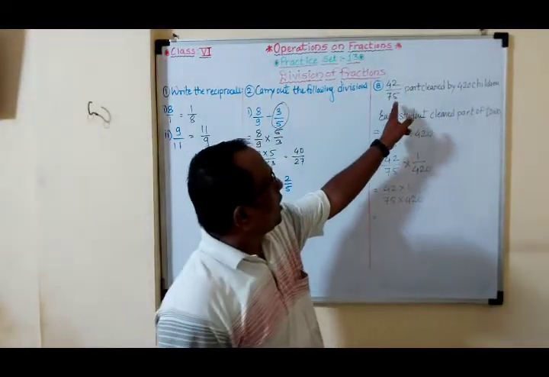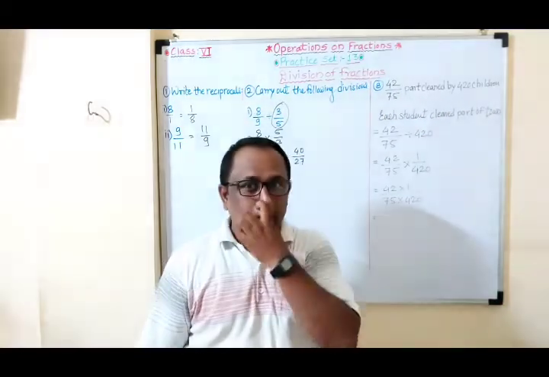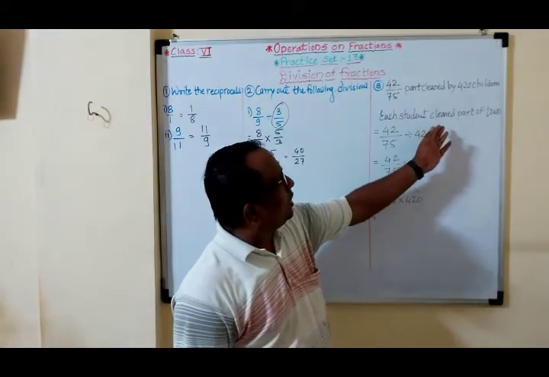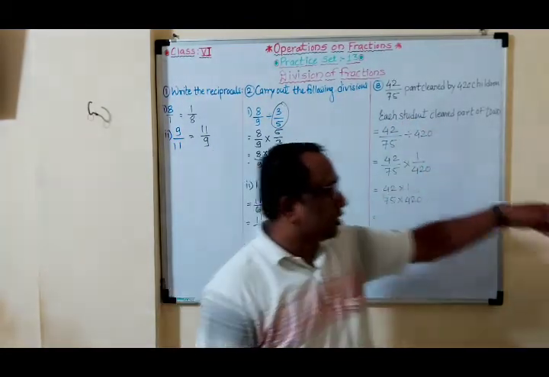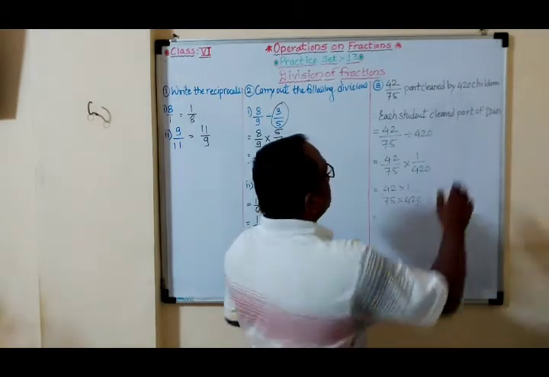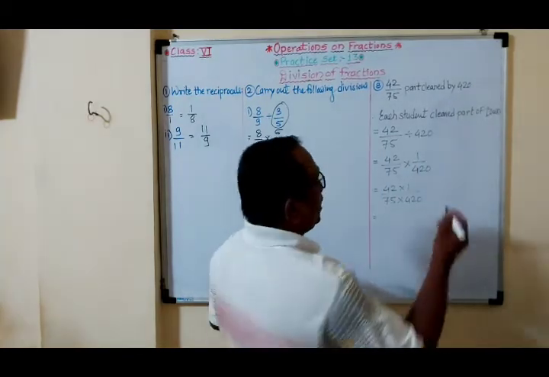Now look here, 42 upon 75 part cleaned by 420 children. Okay, each student; by mistake in the book it is given as children, so here instead of children, we have to write student. Okay, so part by students.